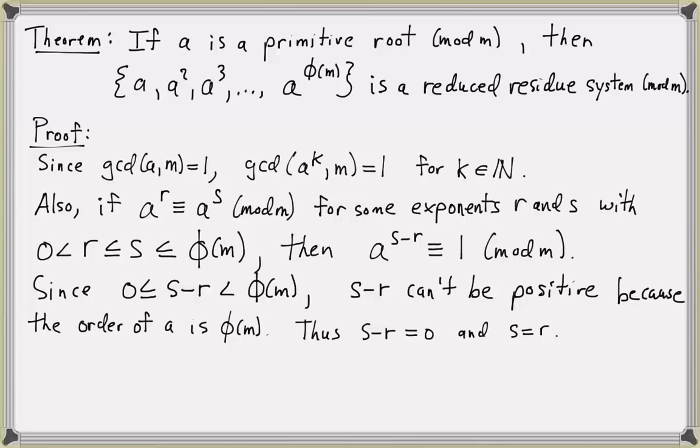This shows that the set a, a squared, a cubed, up to a to the phi of m are all mutually incongruent. So we have a set of phi of m mutually incongruent integers that are all relatively prime to m.